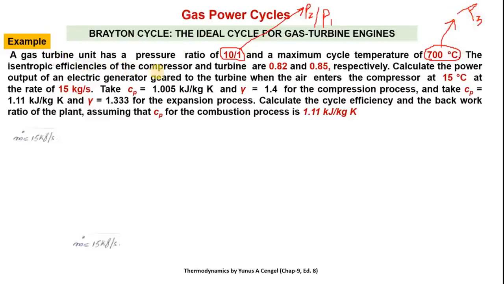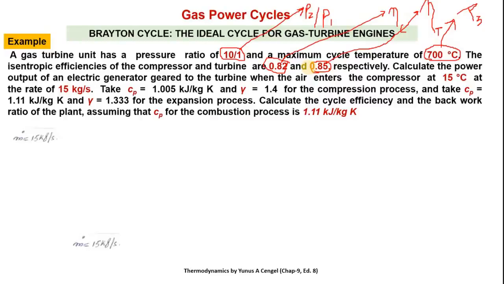The isentropic efficiencies of the compressor and turbine are given. Here, the isentropic efficiency of the compressor is 0.82, and the isentropic efficiency of the turbine is eta T. We have just defined their equations.